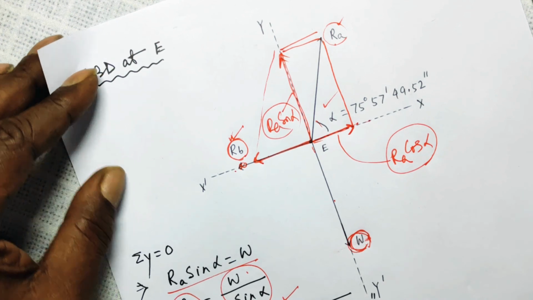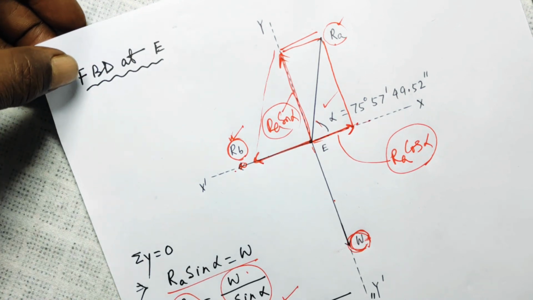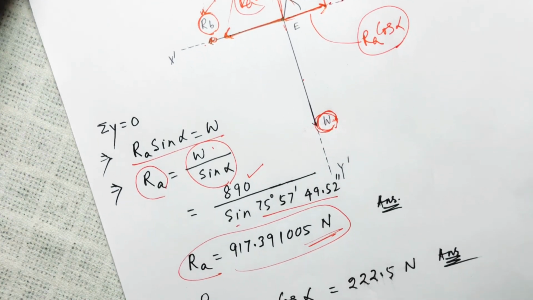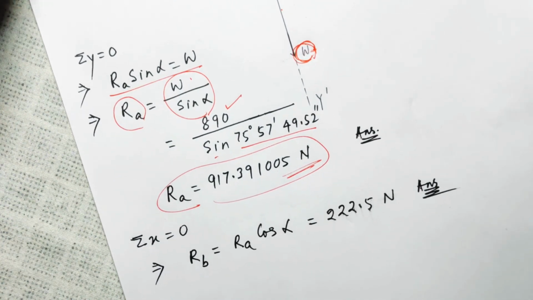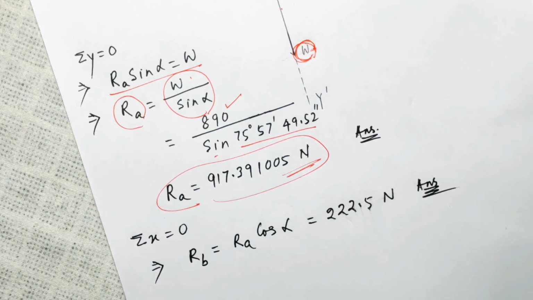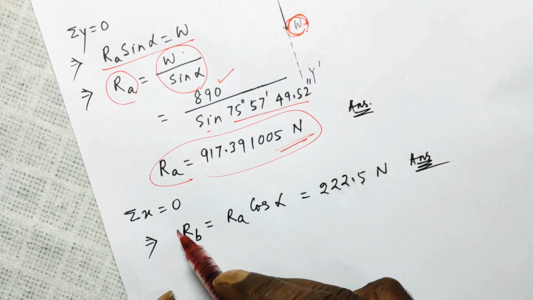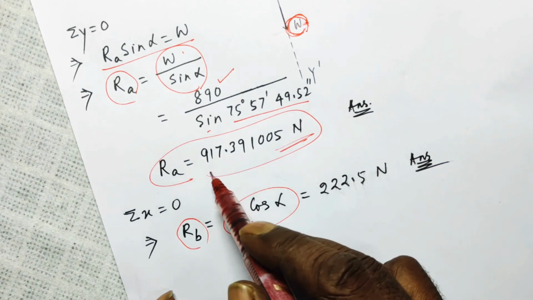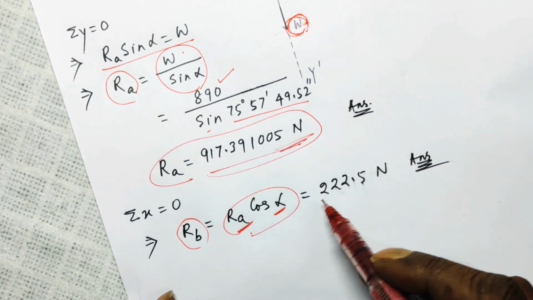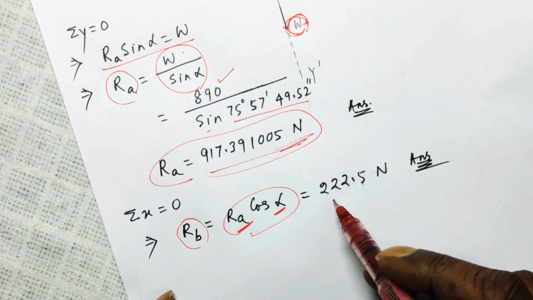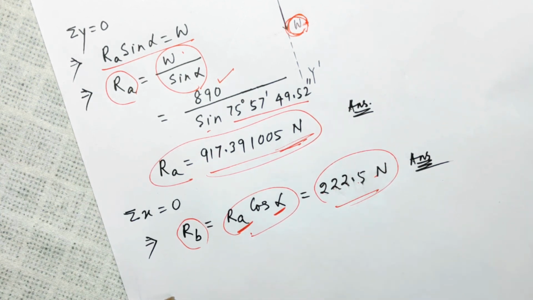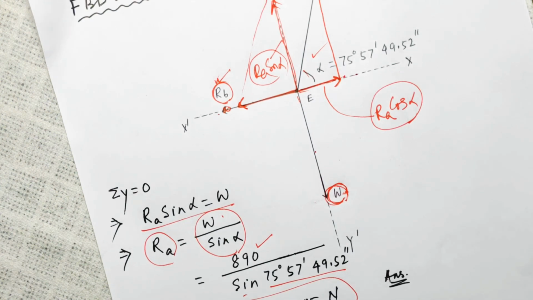If their numerical values are equal, meaning their magnitudes are equal, they will cancel each other's effect. So the condition of equilibrium of sigma x is established. So RB is equal to RA cos alpha. Just put the value of RA which you calculated, and the value of alpha which we have also calculated. So this comes out to be 222.5 newtons.